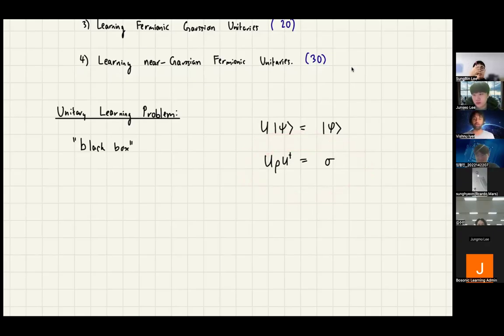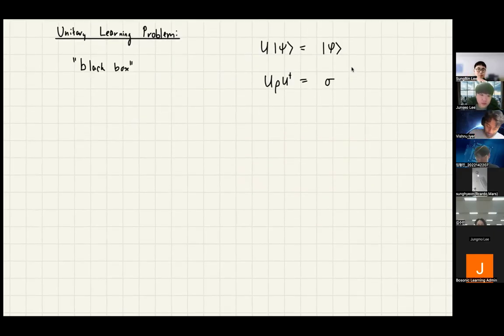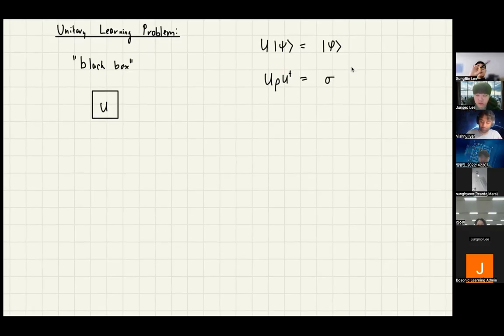Okay, so in the unitary learning problem, our goal is to learn some unitary that might be occurring in nature. And when we say black box, what this means is you have some unitary. You actually don't know what it looks like, but what you can do is take some input state rho, plug it into this unitary, and you get some output state rho prime.